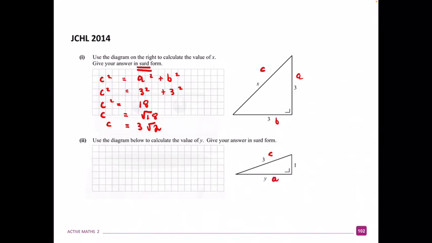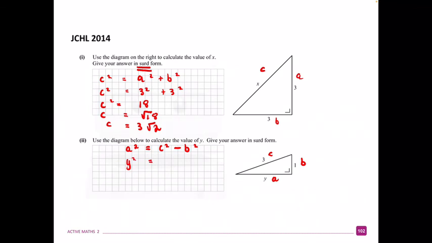Our longest side is C, our unknown side is A, and the other side is B. From here, we write down Pythagoras' theorem. In this case, we're looking for A. So we manipulate our formula to A squared equals C squared minus B squared. From here, I substitute my values into my formula.